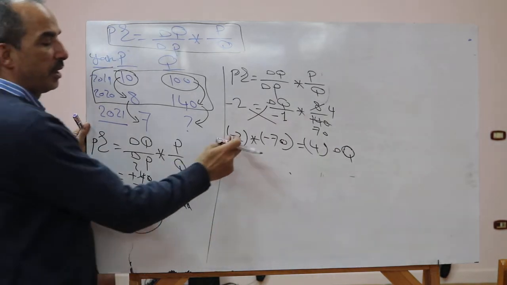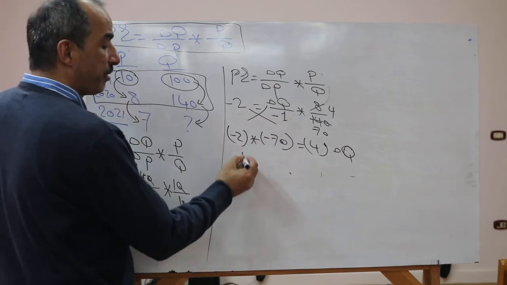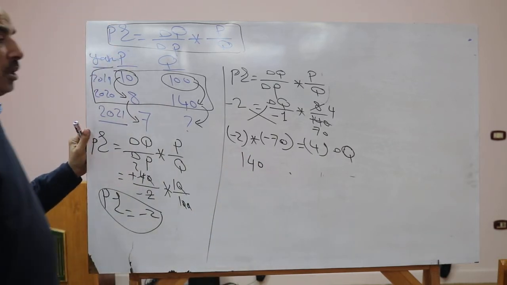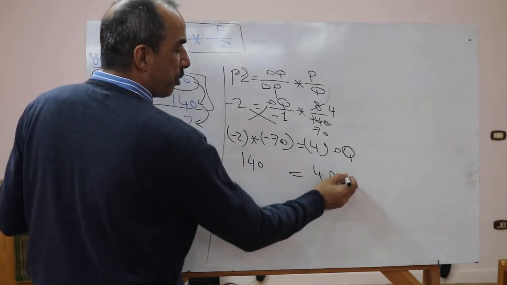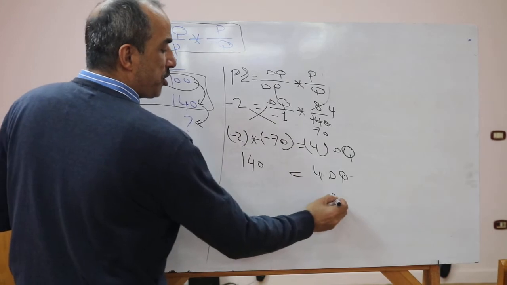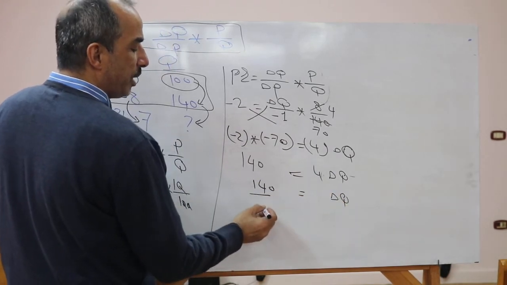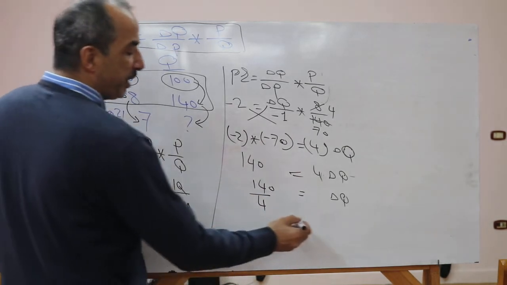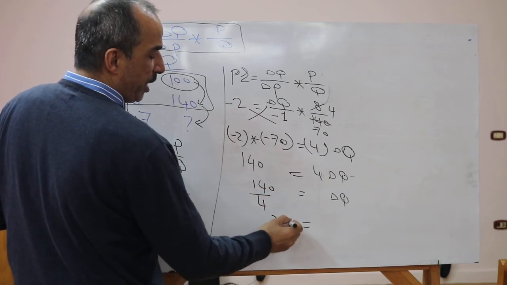Minus 2 times minus 70 equals positive 140. This equals 4 times change in quantity. Change in quantity equals 140 over 4, which means 35.